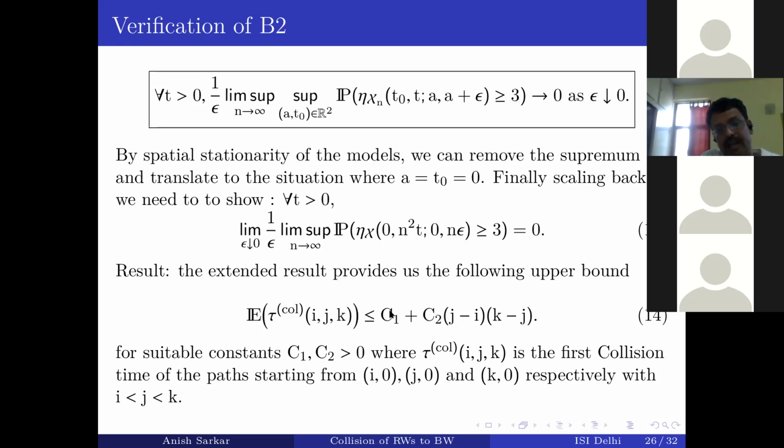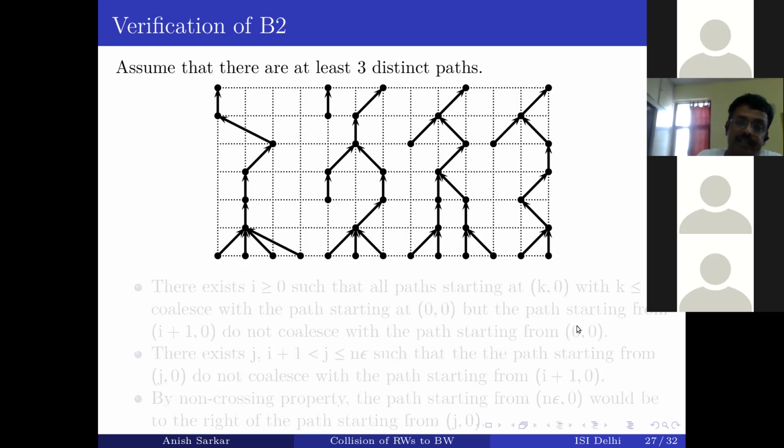In the random walk case, C1 was not there, and only a constant was known exactly. But here we get an upper bound like this, and I will just explain this one last argument, if you think of this three paths thing.